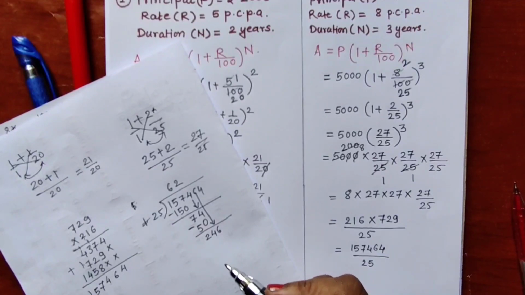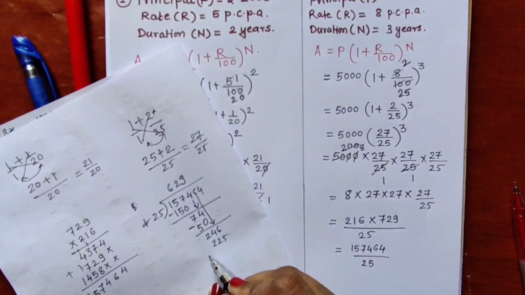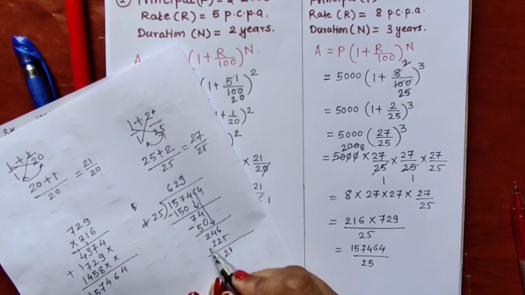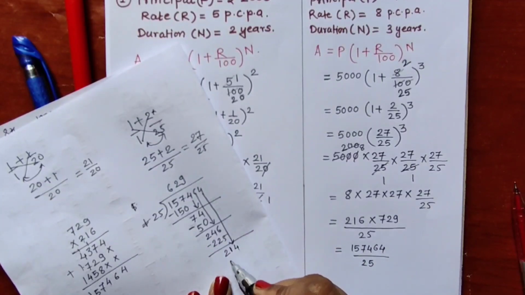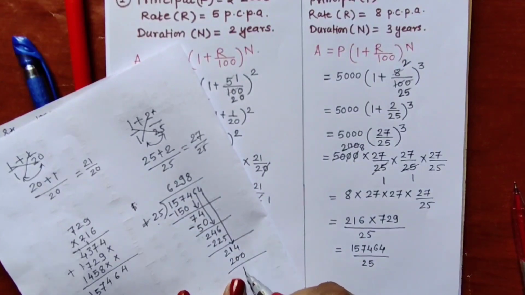Okay, now 25 9s are 225, we write here 225. Now subtract this. 6 minus 5 is 1, 4 minus 2 is 2. Then we write this 4 below. 25 8s are 200, 14 remaining.